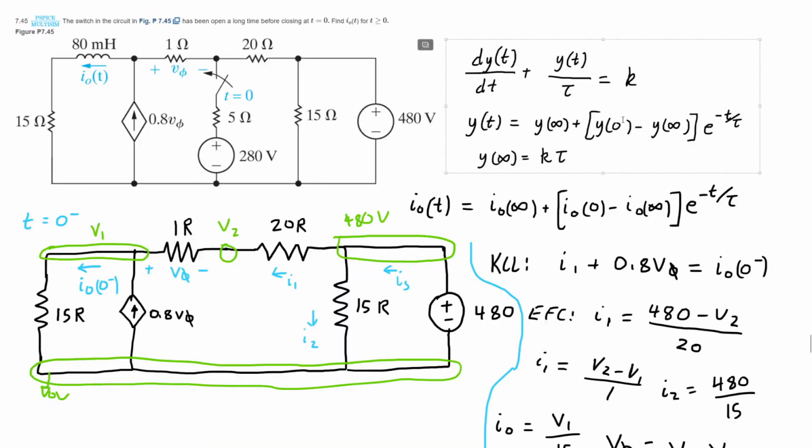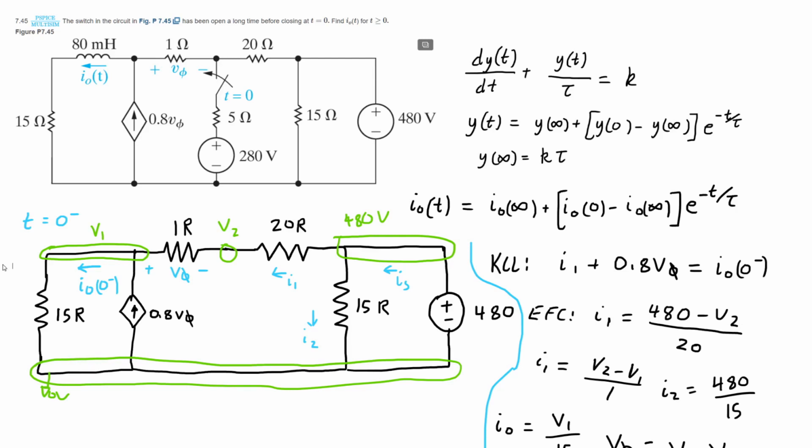This problem is a little bit more complicated than the last one. Well, I don't want to say it's more complicated. I want to say it looks more complicated. What we're going to do is analyze the circuit at both of the steady states, the steady state just before the switch is thrown and after a long time.